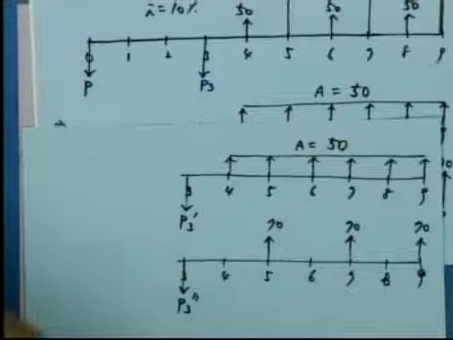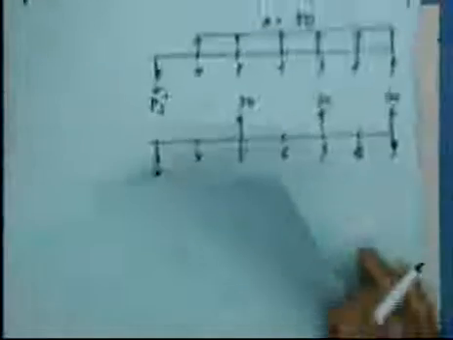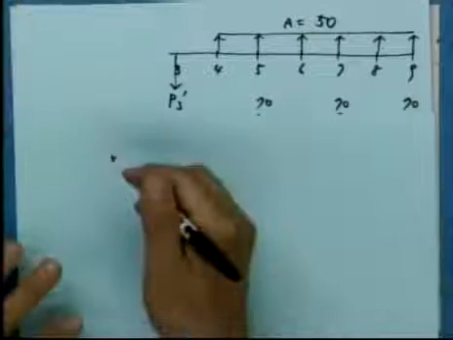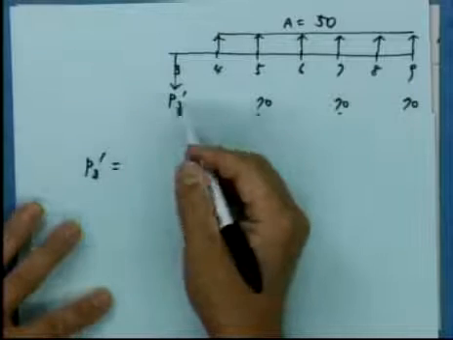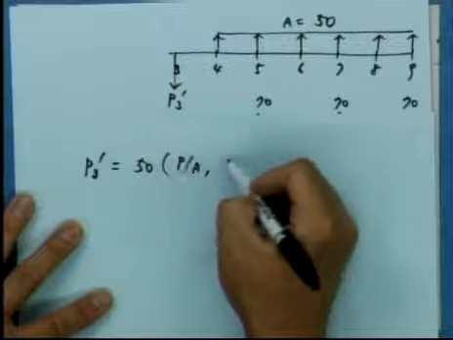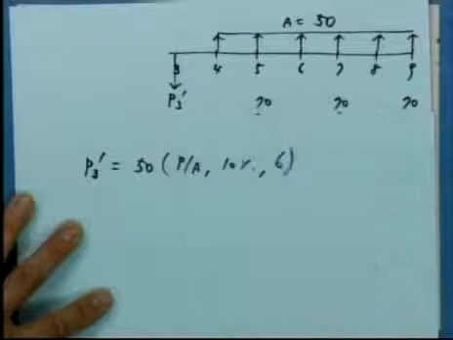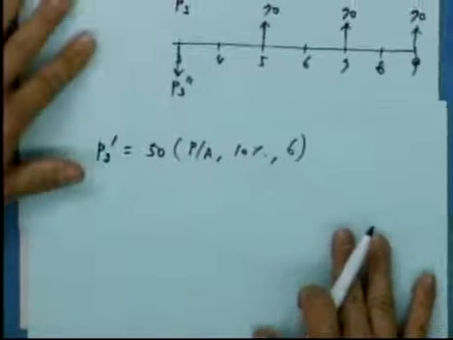So in this case, let's get P3 prime first. P3 prime is the uniform series of $50. So P given A, 10% over 6 periods, right? And then how do you get P3 double prime?